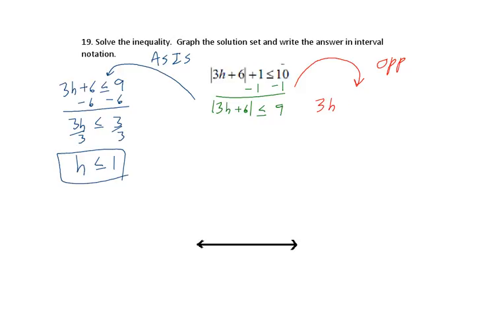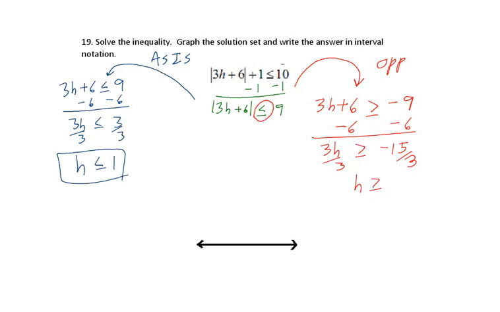So in this case, still keep the 3h plus 6. 9 is still going to change to negative 9, but if you have an arrow like this, that's going to change direction. It's going to point to the right now, so don't forget that. Now we can solve. So minus 6, so 3h is greater than or equal to negative 15. And finally, divide by 3. So h is greater than or equal to negative 5.